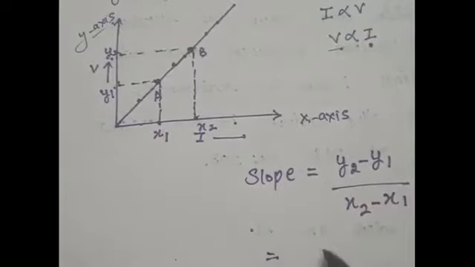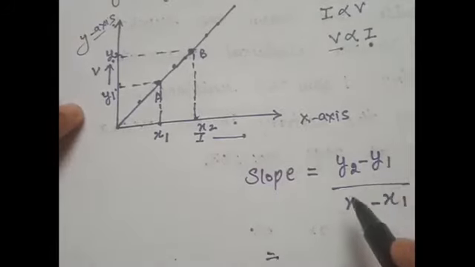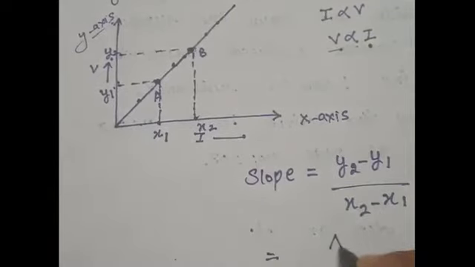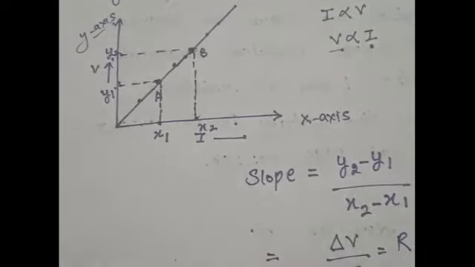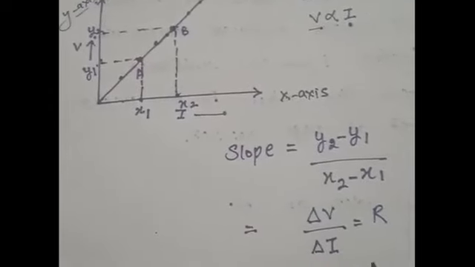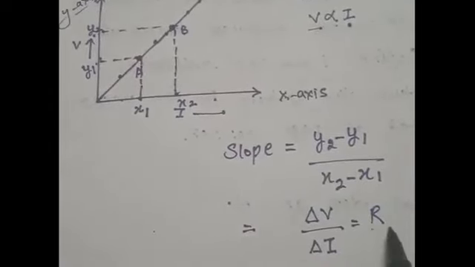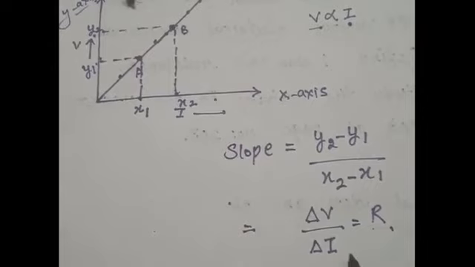So this will give us the value of the slope. y2 minus y1 is del V, or you can say the change in the potential difference, upon change in the current value. So this will be del I, and this will give us the value of resistance of the respective circuit. So this way we can calculate the value of resistance of a circuit using the graph also.